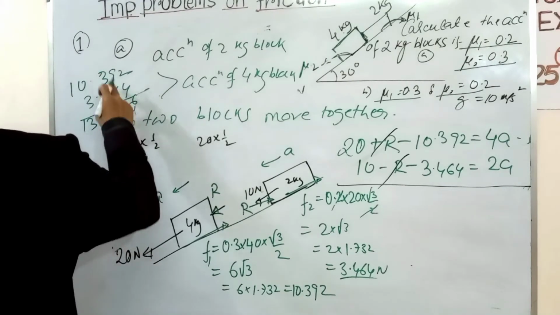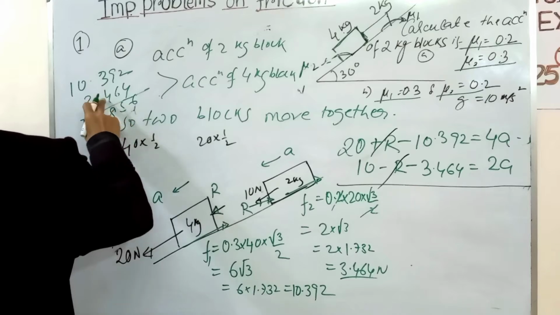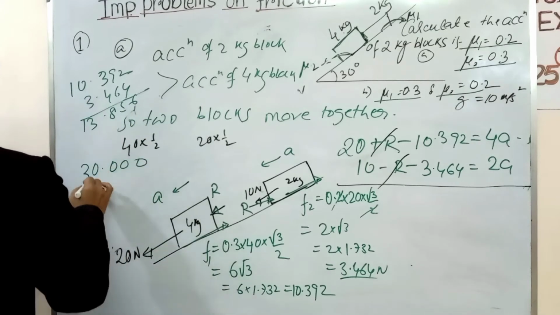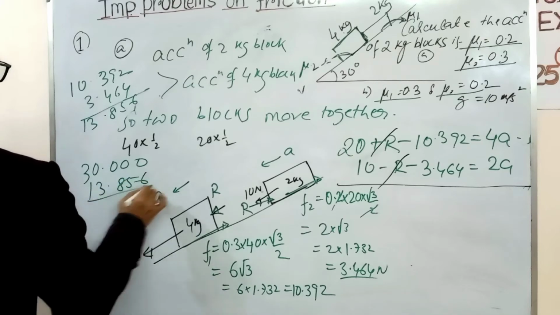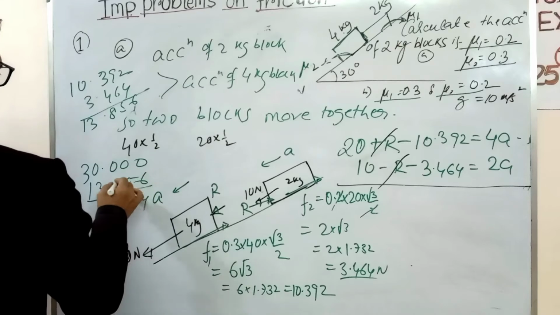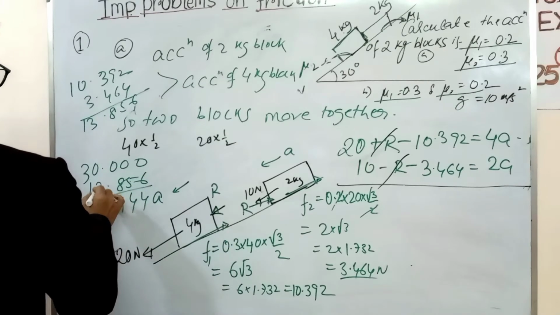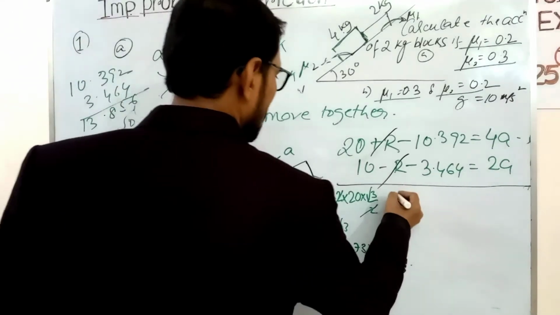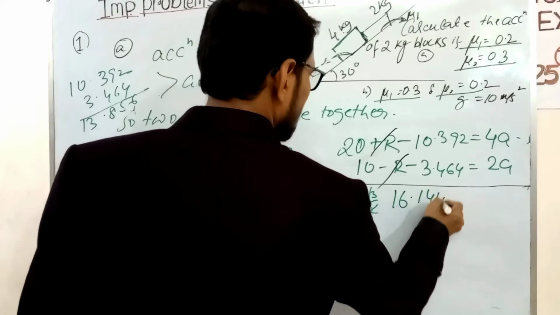Now if we subtract 30.000 and 13.856, we get 16.144 equal to 6a.